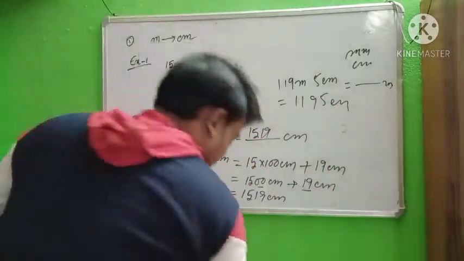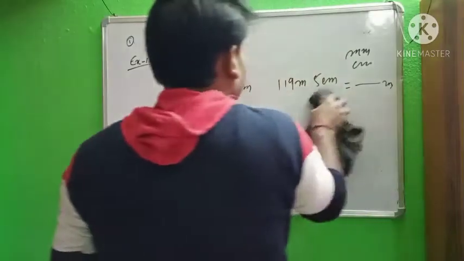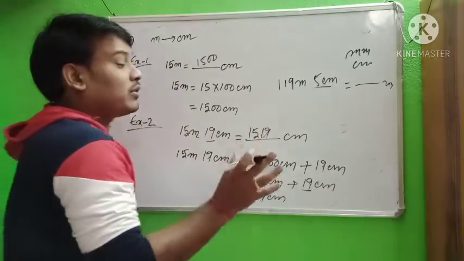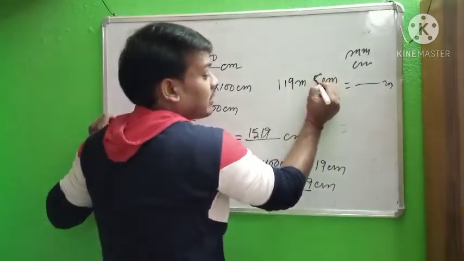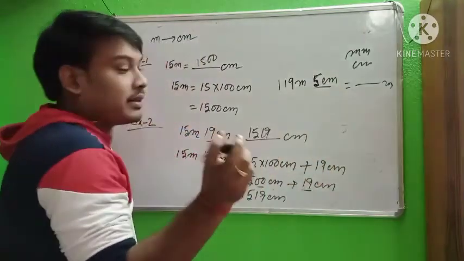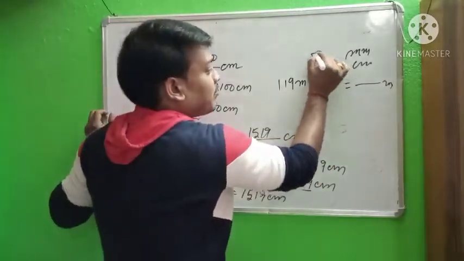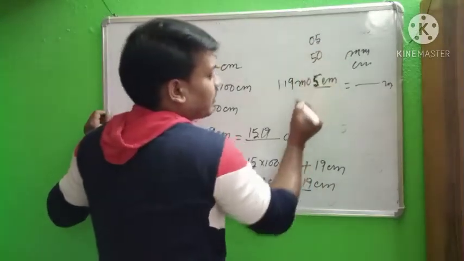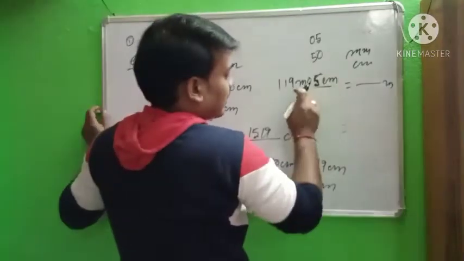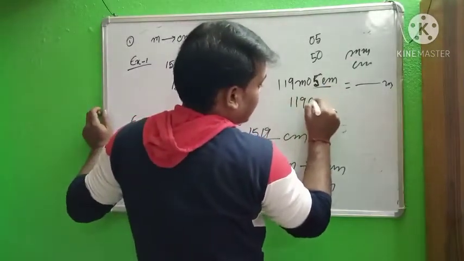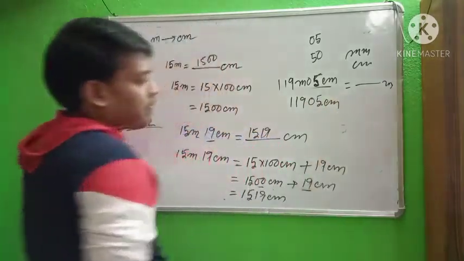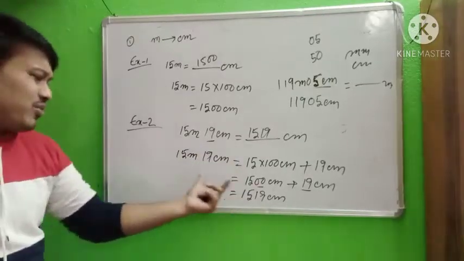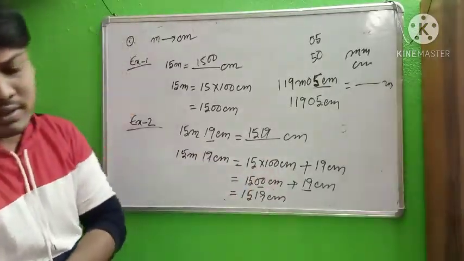No, your answer is wrong, because when you convert directly, in the centimeter place there are always two digits. So if we write 5 as 50, then your answer is wrong. So 5 must be written as 05. Now remove the meter and centimeter: 1905 centimeter. Okay, so we can directly convert, but in lower classes we convert by using the process. Okay, very easy.